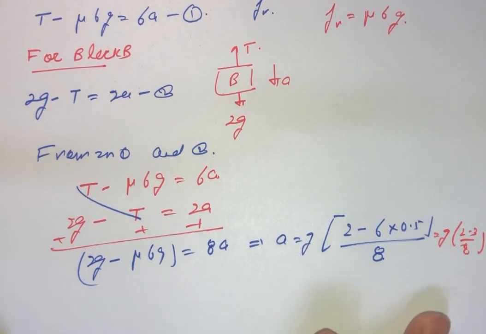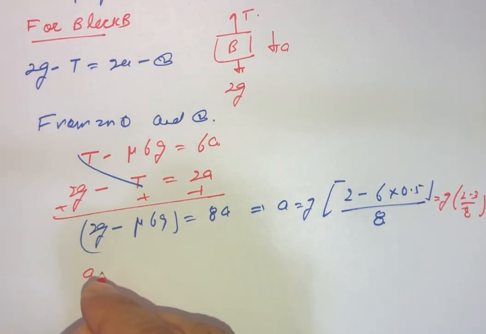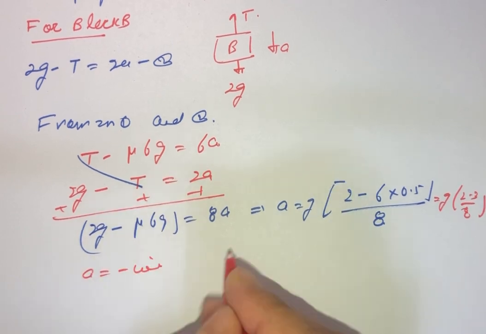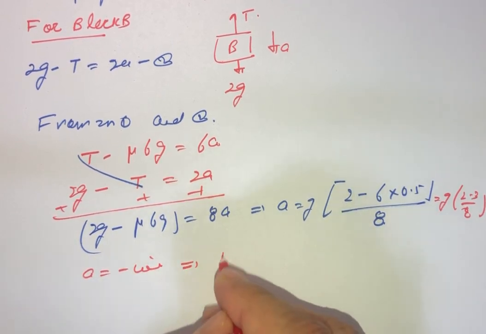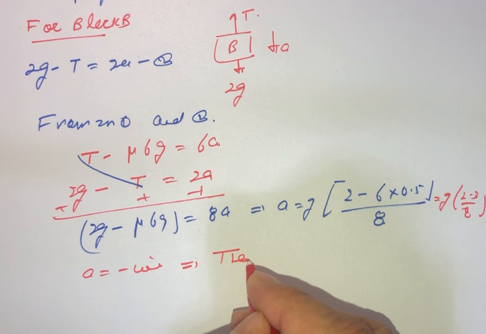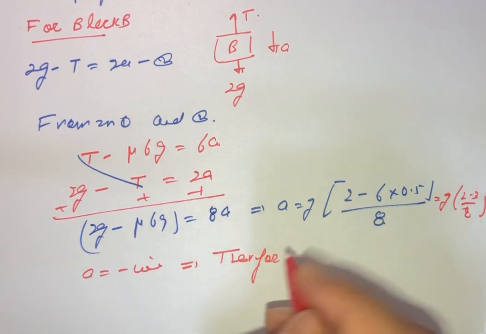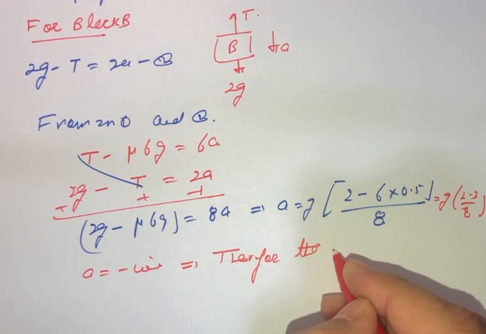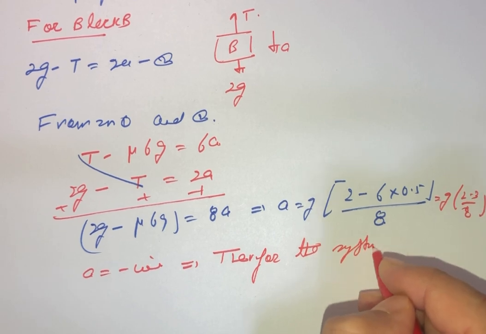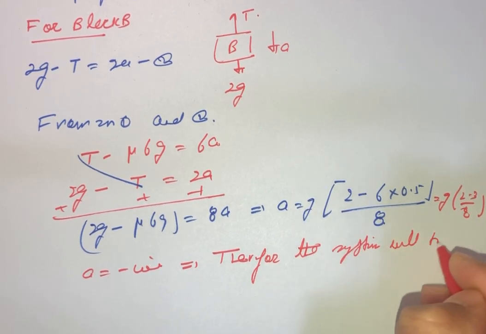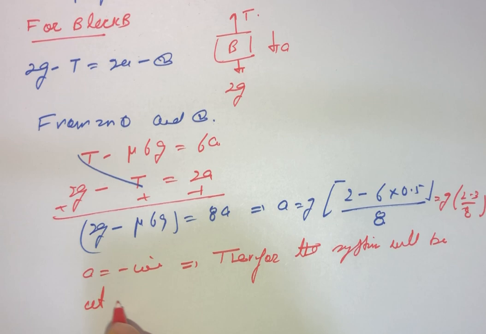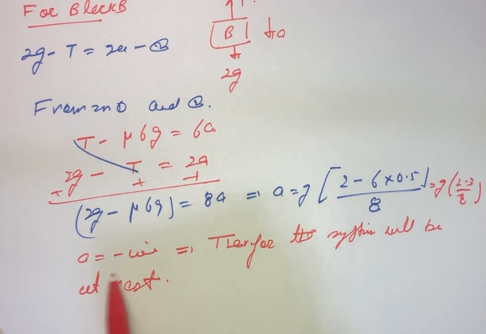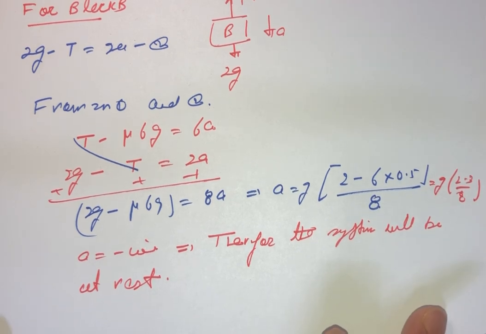So we can clearly see that our acceleration is coming out negative. Therefore, the system will be at rest, because acceleration cannot be negative.